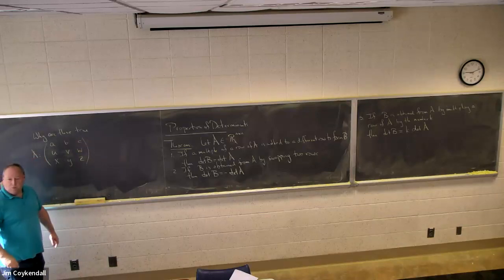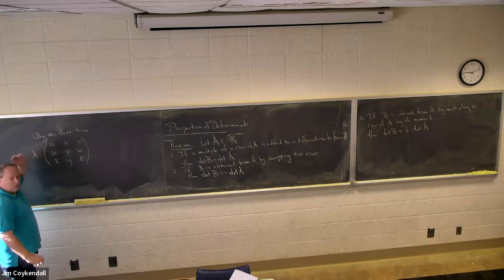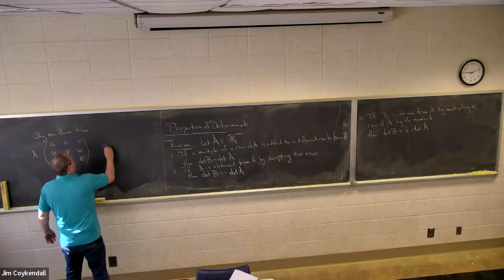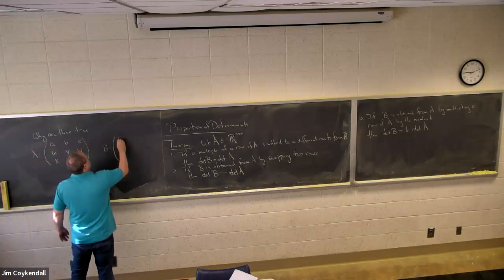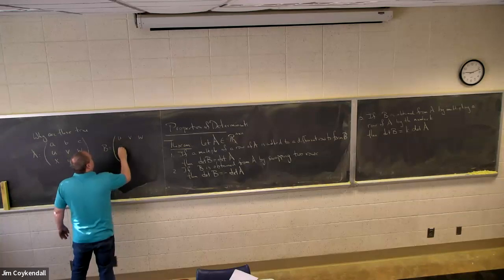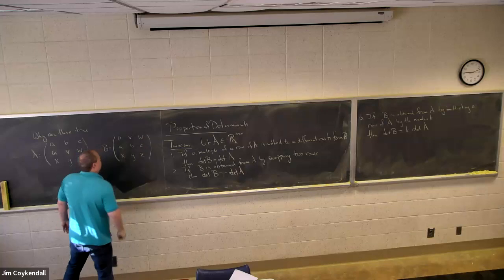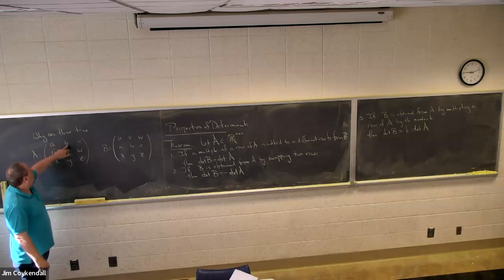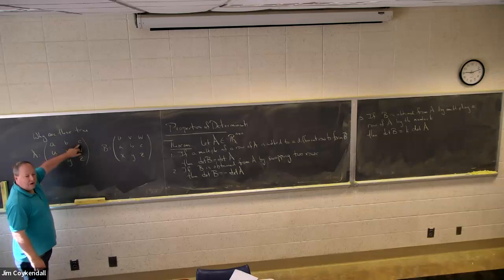Can somebody explain why swapping two rows should change the sign? So let's let B be the matrix with rows U, V, W, then A, B, C, then X, Y, Z. I can expand this across the first column, right?